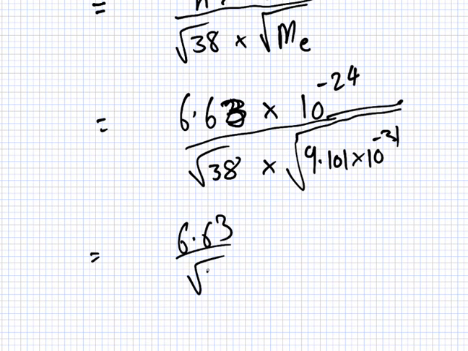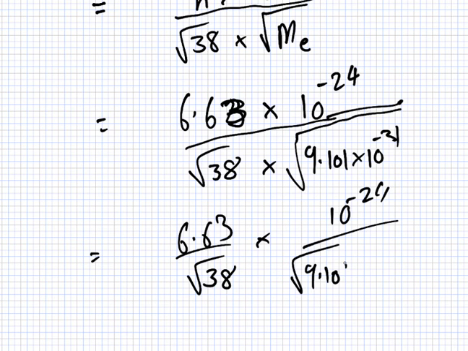6.63 over root 38 times 10 to the minus 24, root 9.101, and then 10 to the minus 31 over 2.